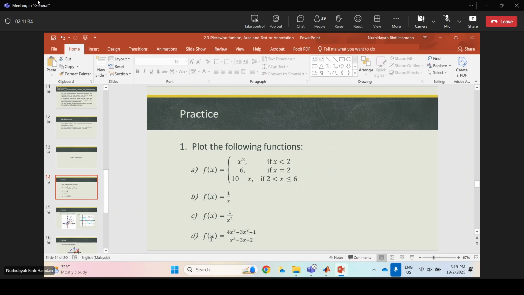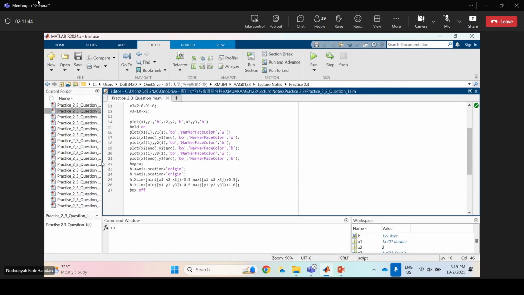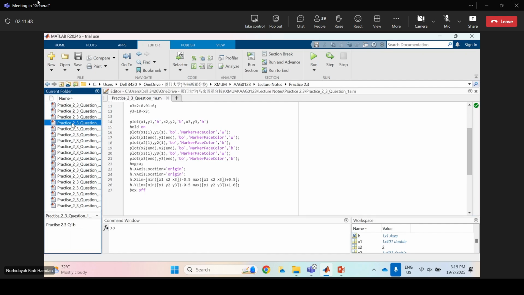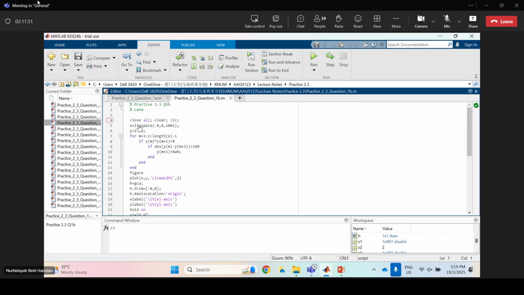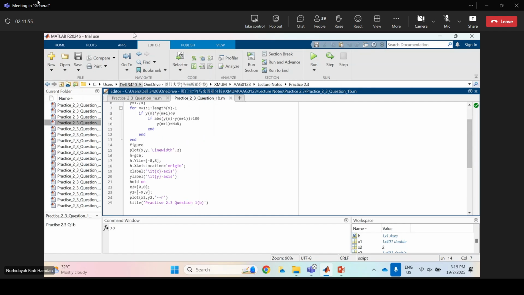For D, it is also the same, like how we do in the question in chapter 2.1. But I think I prepare the coding for you also. So this is the coding, the same as what we did in 2.1.